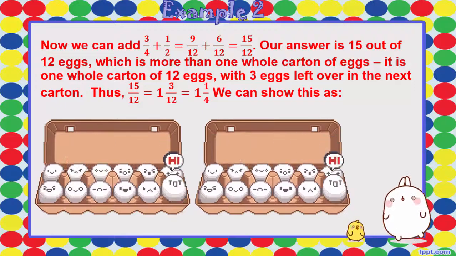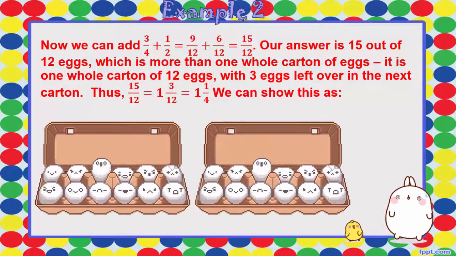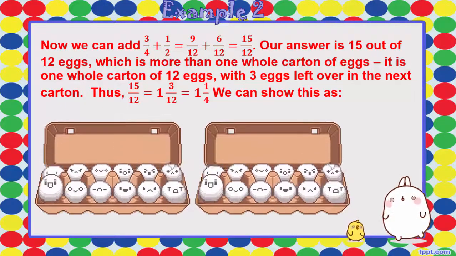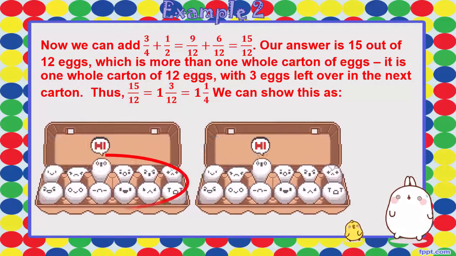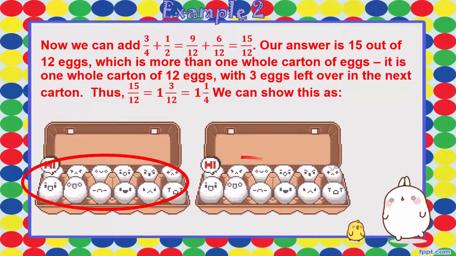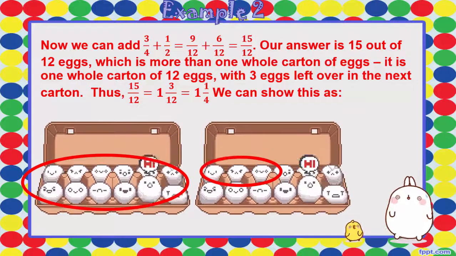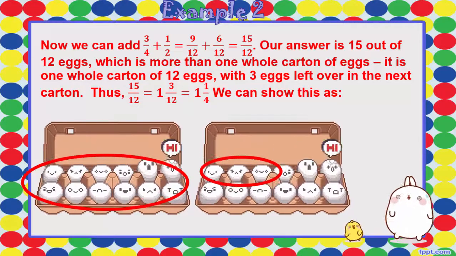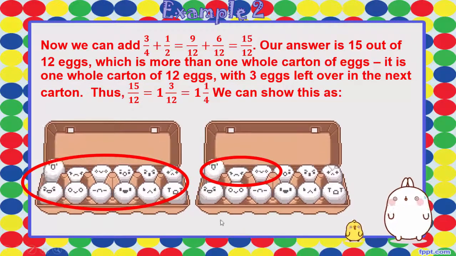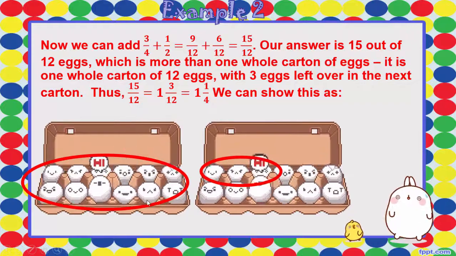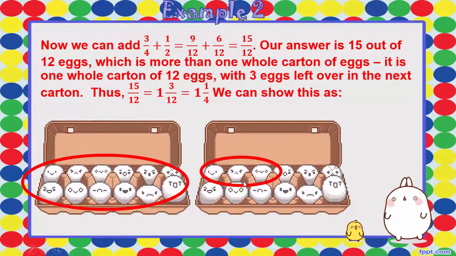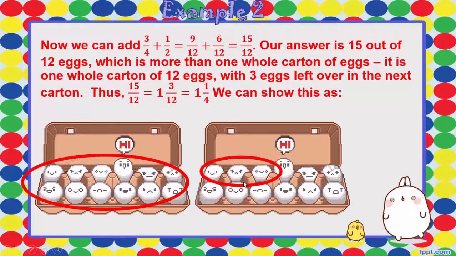So therefore we have 12 eggs with 3 eggs left over in the next carton. So here's one whole, and here are the 3 eggs left over. Thus, 15 over 12 is equal to 1 for the 1 whole carton and 3 over 12 for the eggs left over.